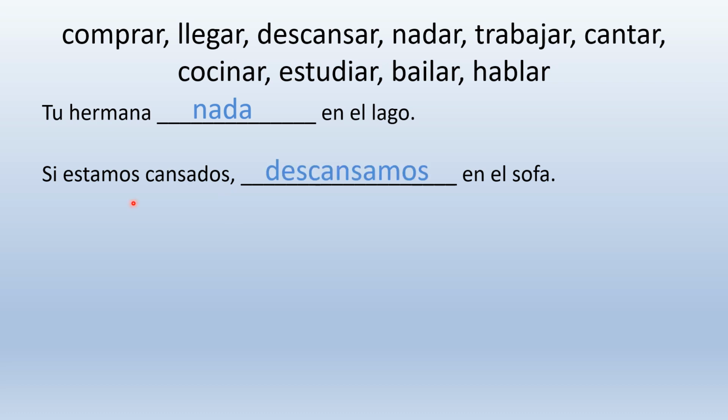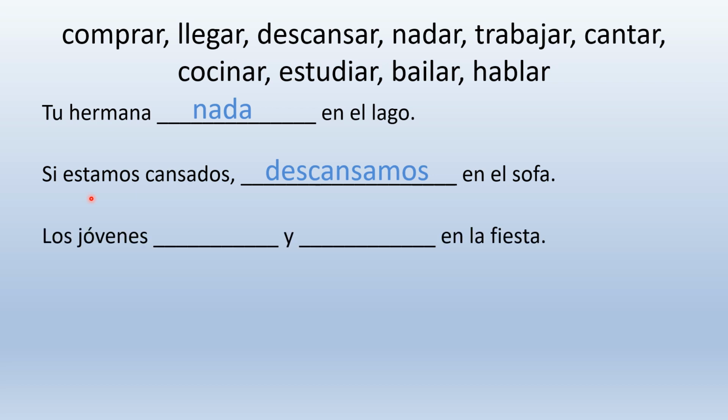So our sentence would be, si estamos cansados, descansamos en el sofá. So make sure you repeat that after me. If we are tired, we rest on the couch. Good. Los jóvenes. El joven means young person. Los jóvenes, the young people.